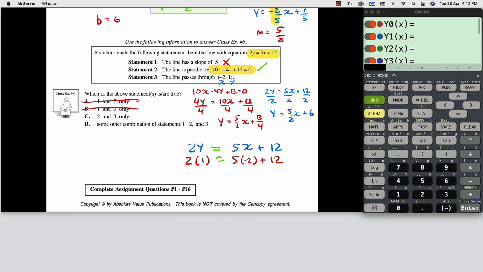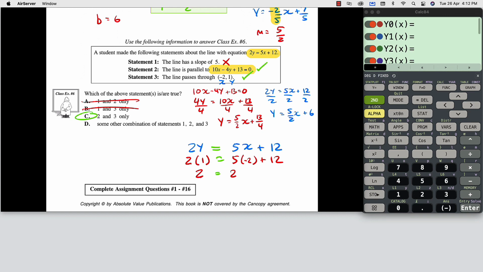Okay, so on the left, 2 times 1 is 2. Does that equal whatever's on the right? 5 times -2 is -10. -10 plus 12 is 2. 2 equals 2. That is true. So yes, statement number 3 is also true, which means C is true, that 2 and 3 only are true.